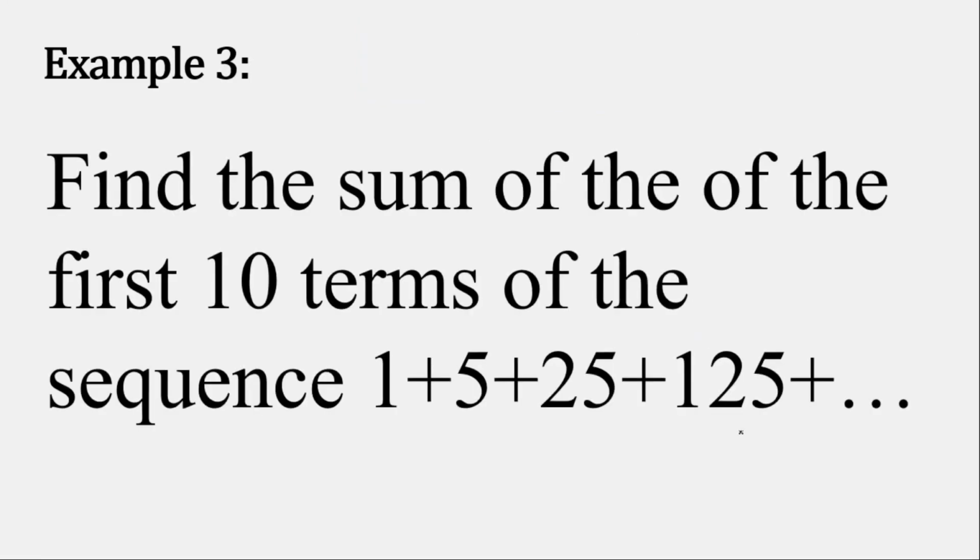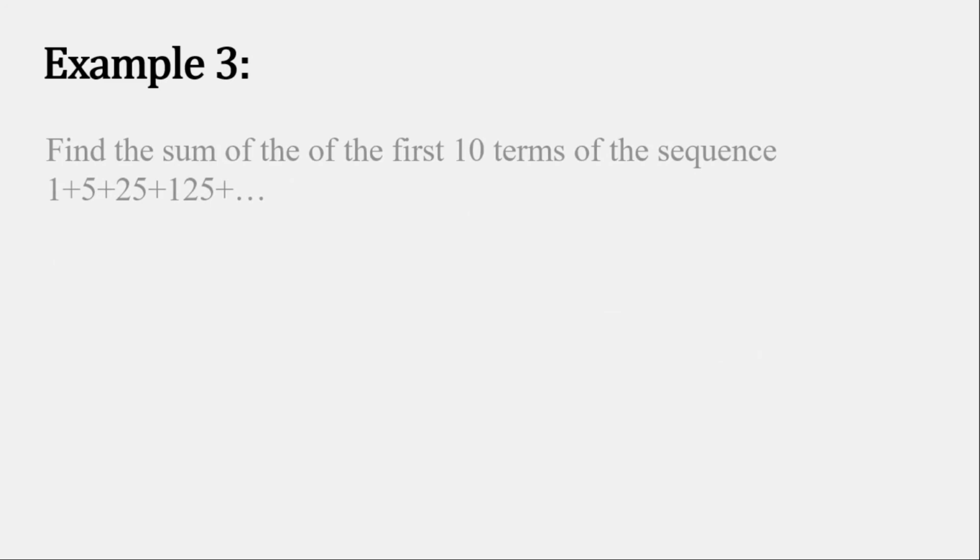Now, in example number 3, find the sum of the first 10 terms of the sequence 1, 5, 25, 125, and so on. There's a different variety of problem wherein it was written in this kind of form, just to indicate that this is a series.